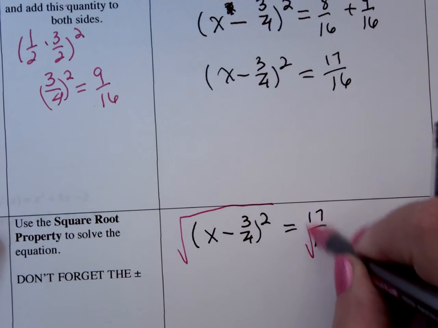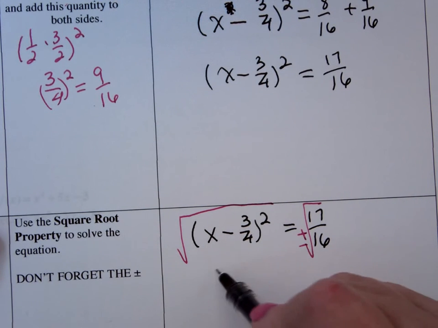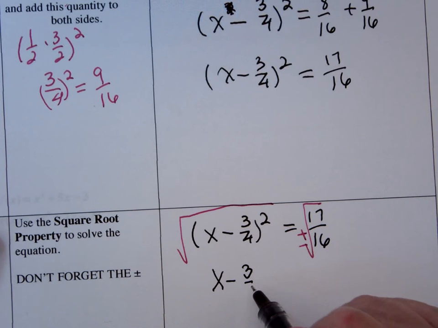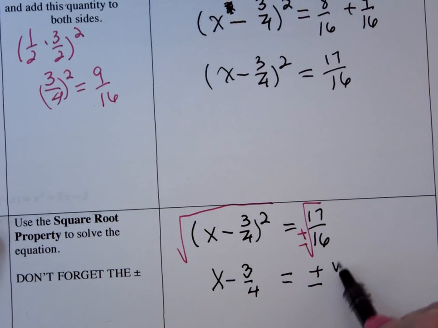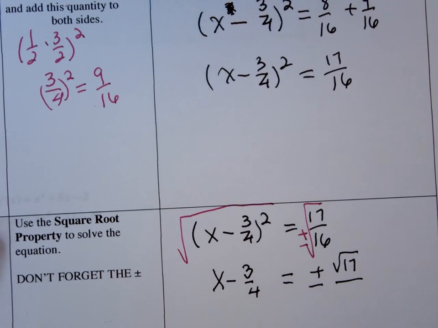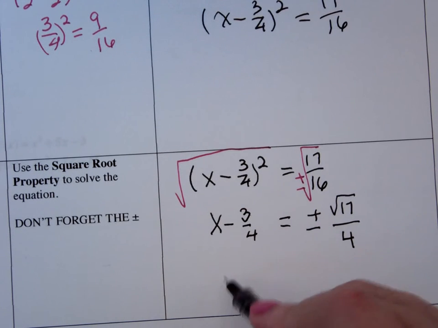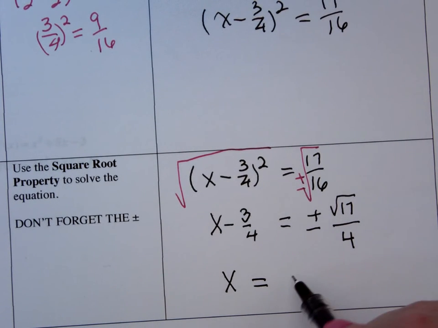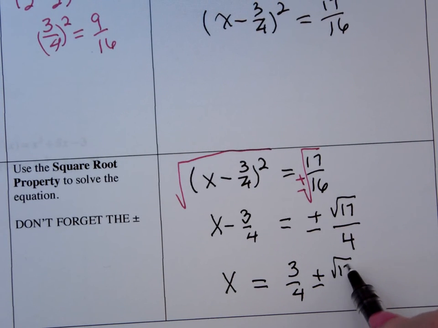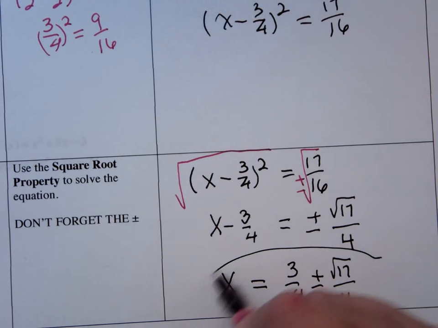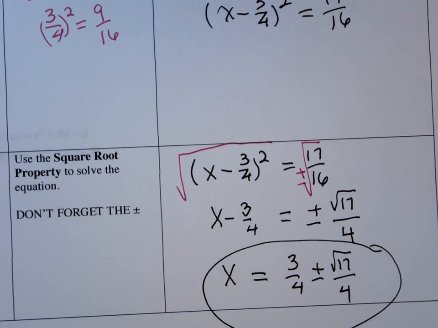I take the square root of both sides, don't forget the plus or minus, so that x minus 3/4 equals plus or minus, well, the square root of 17, and then the square root of 16 is 4, or that x equals positive 3/4 plus or minus the square root of 17 over 4, and I just leave that until I know what I'm going to do with it. If it's an application problem, of course I will want numerical answers.